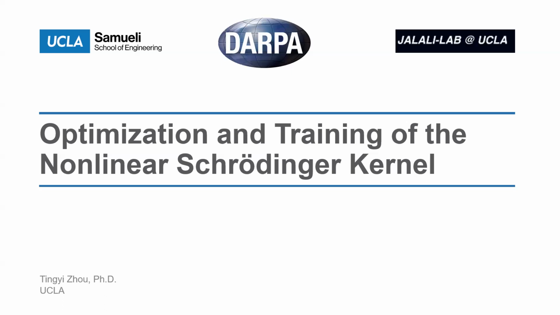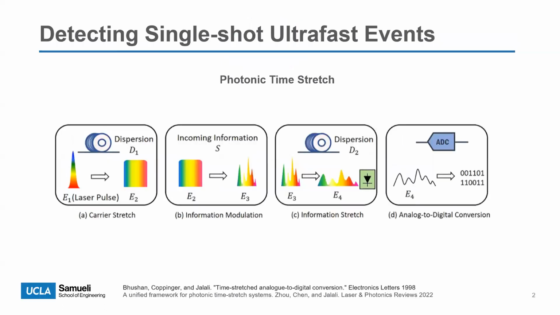First of all, I'd like to introduce the time stretch. The photonic time stretch is a technology that can perform measurements of ultrafast signal at billions of frames per second. It works under the theory of a dispersive Fourier transform, where the chromatic dispersion in an optical media, such as an optical fiber, maps the spectrum of an optical pulse to a temporal waveform whose intensity mimics the spectrum.